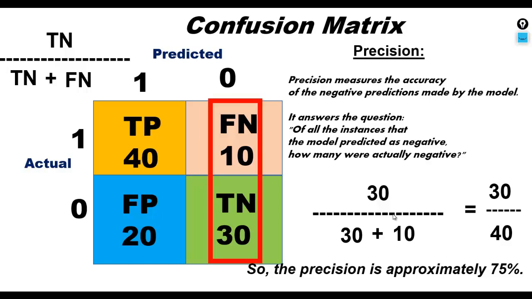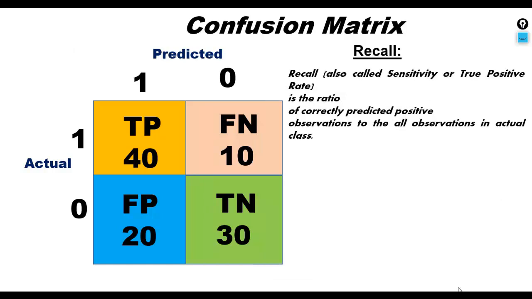Now let's discuss recall. Recall is also called sensitivity or true positive rate. Now let's discuss the general definition of recall. Recall means out of total instances for a class, how many instances are correctly predicted.